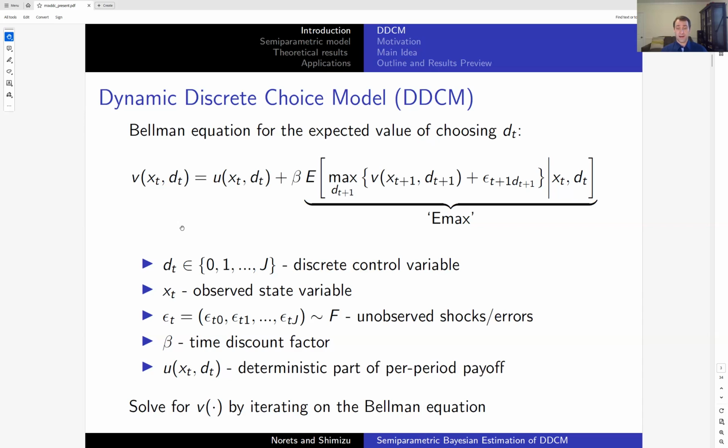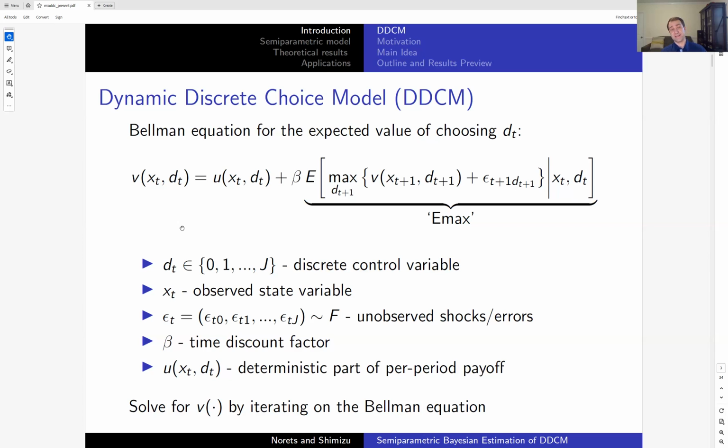The way to solve this type of models is we can use so-called value function iteration. We can iterate on the Bellman equation, starting with some arbitrary guess for function v. This equation is a contraction mapping, so there is a unique solution, and we are guaranteed to converge to it if we do that.